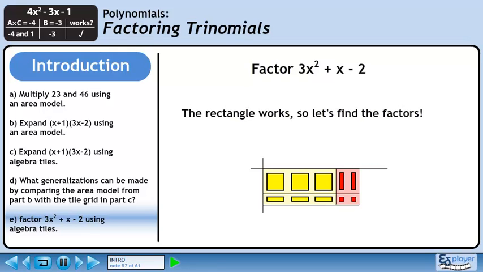The rectangle works, so let's find the factors. We need to place one yellow rectangle on the side of the grid and 3 yellow rectangles on the top of the grid. These will multiply to the large yellow squares. If we place 2 small red squares in the top row, we'll get back the 2 red rectangles when we multiply.